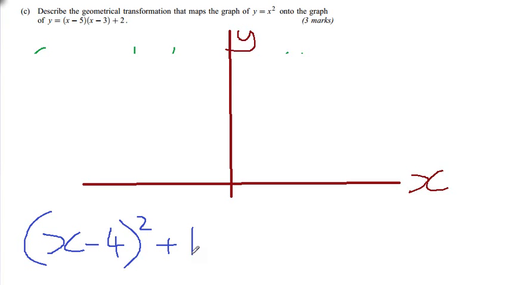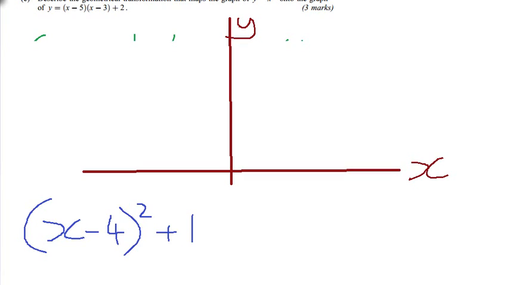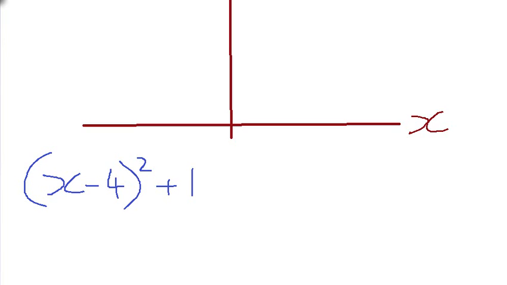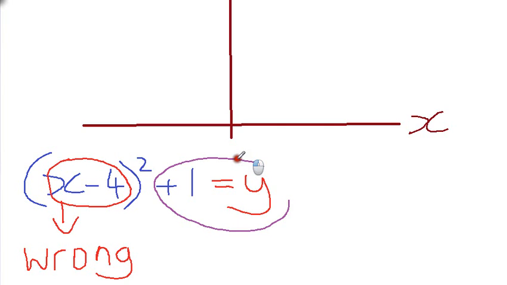So, the way we know how to sketch what we've got, and the minimum point and the point where it crosses the y-axis and all that, is we say that x behaves in the wrong way. And y, or if you can imagine this equals y, so the x bit behaves in the wrong way, and the y bit behaves in the right way.